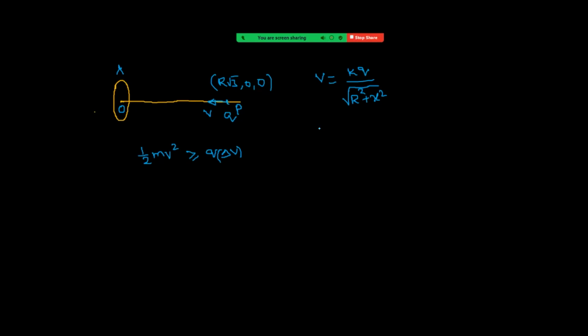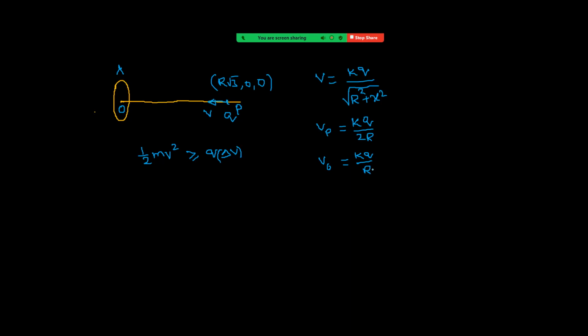At point P, take the X value as R root 3. So it is 3R square plus R square, 4R square, which becomes 2R. So the potential is KQ by 2R. At the origin, the X value is 0, so it becomes KQ by R.